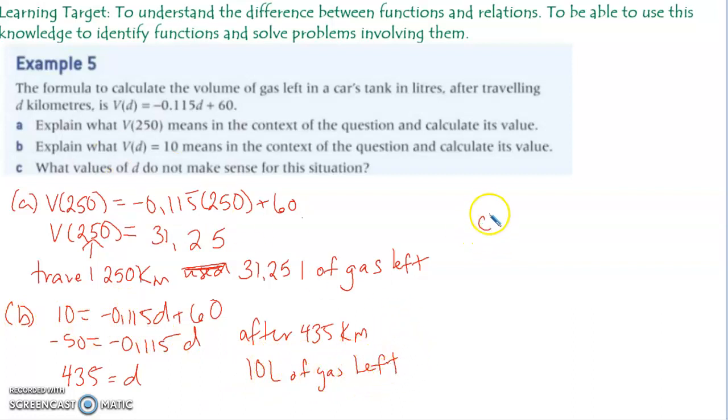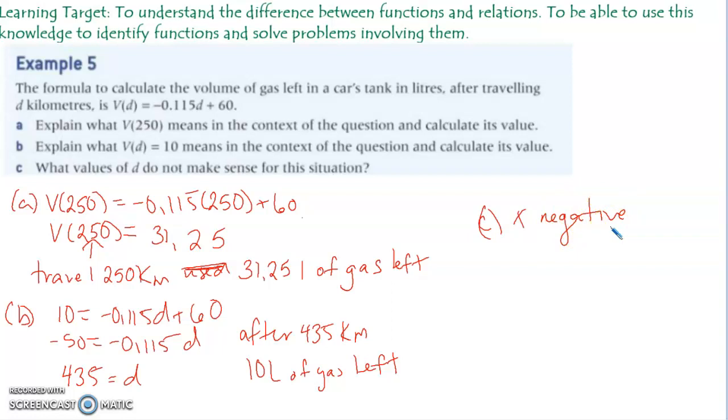Okay, and then last up, this is a contextual question, do you understand what's happening? What values of D don't make sense in this scenario? D represents distance. So absolutely no negative numbers. Okay, it doesn't make sense to be having a negative distance.